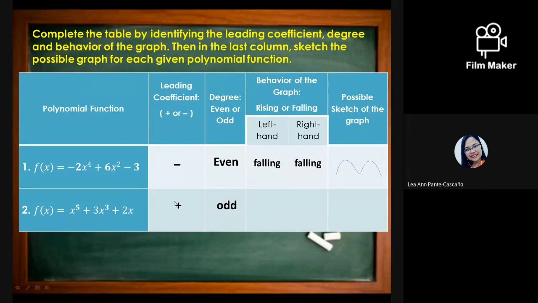So sa positive, ibig sabihin, nasa right yung positive. Sa left ay yung negative, di ba, sa ating graph. So therefore, since this is positive odd, dun tayo sa may positive side ng x-axis magra-rise. So falling ngayon ng ating left at rising naman sa ating right. So therefore, this is the sketch of our graph.